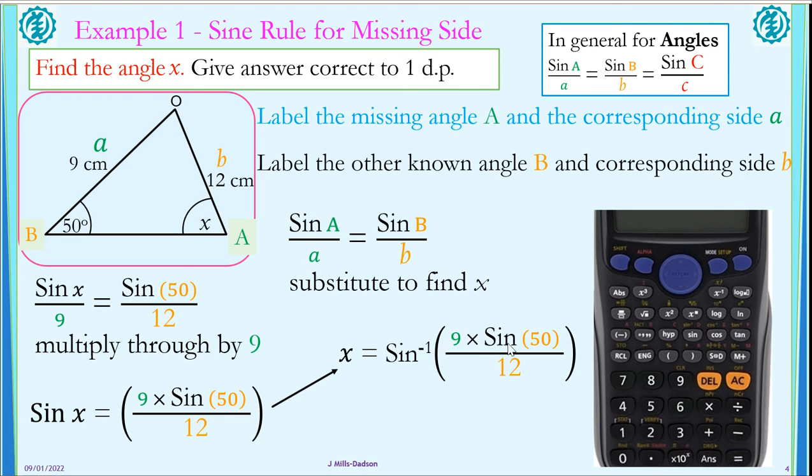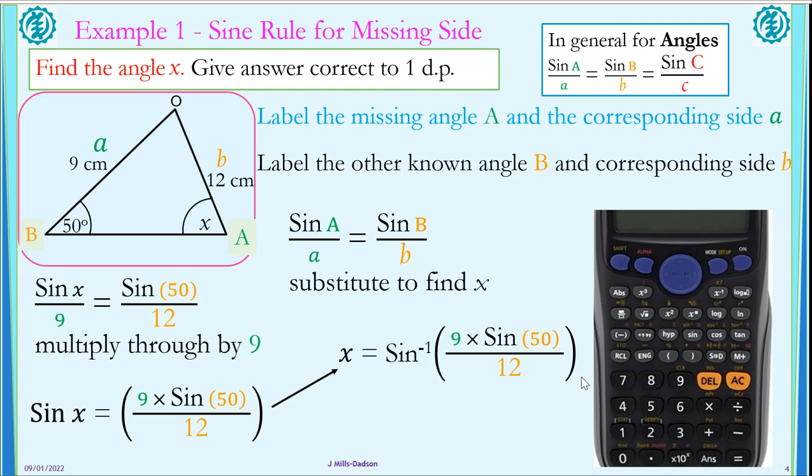Key in order you need for the numerator, 9 times sine 50. As usual, close the bracket. At the end, go to the bottom cursor, push it to the denominator, key in 12. Go to the right of the cursor, click on that to push the cursor to the very far right. Then you close the bracket again.